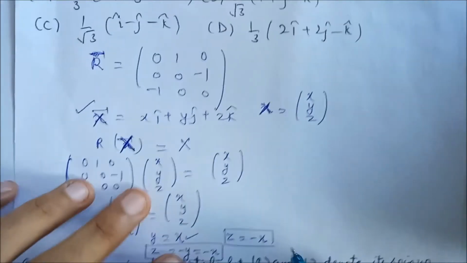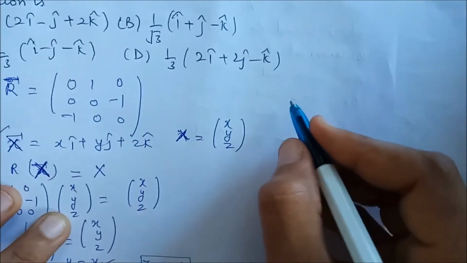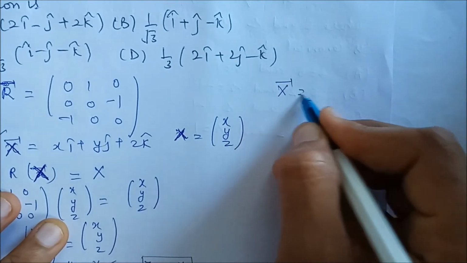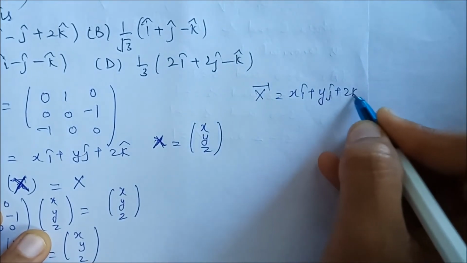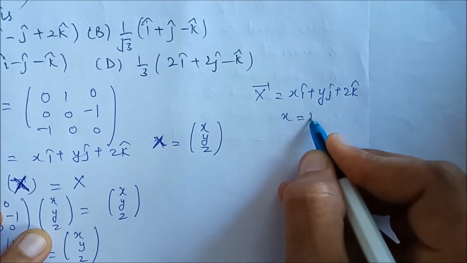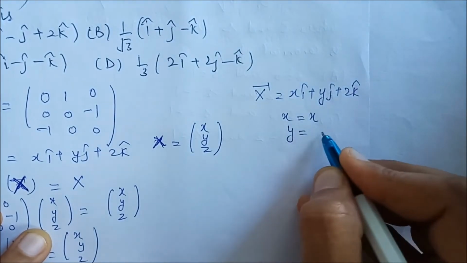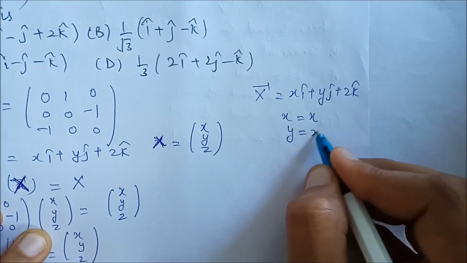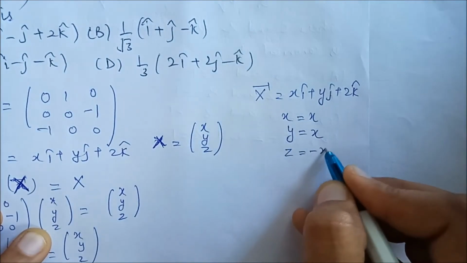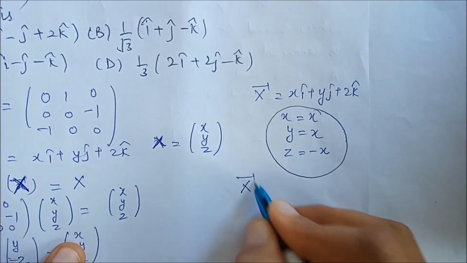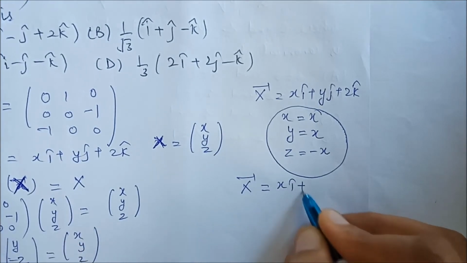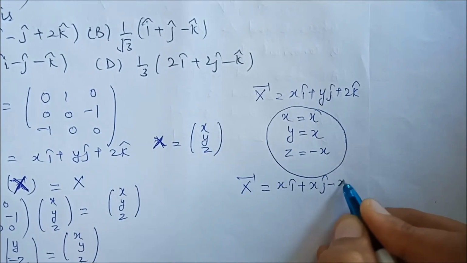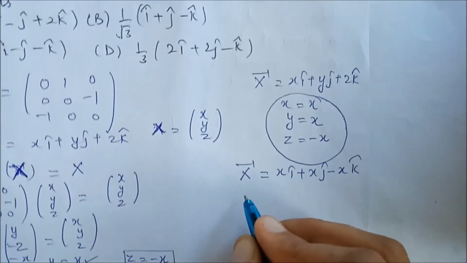So in the vector x i cap plus y j cap plus z k cap, we have x i cap, x j cap, and minus x k cap.